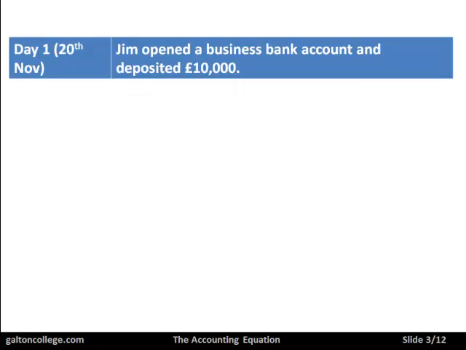So as far as Jim is concerned, on day one, pretend it's the 20th of November, Jim opened a business, he opened a bank account and deposited £10,000. So now he's going to start his business with £10,000.